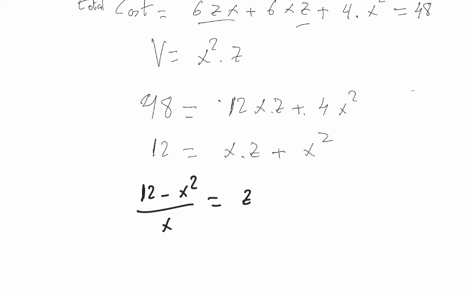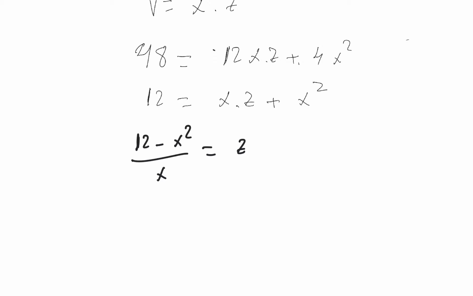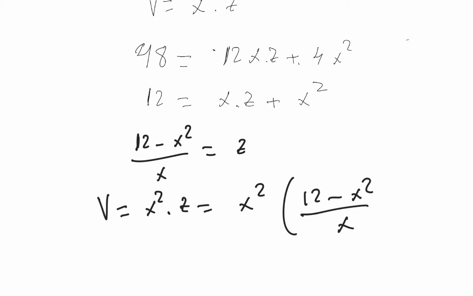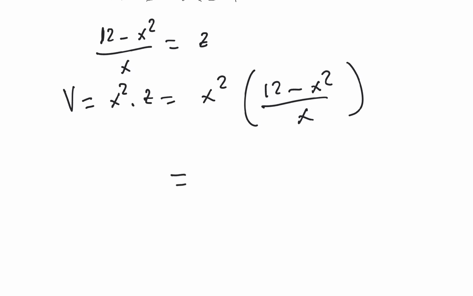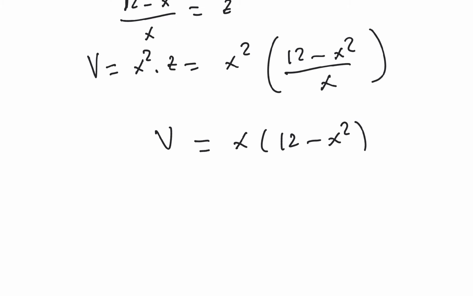So I want to maximize the volume, to spend the money and have a box with the maximum volume. So the volume is x squared multiplied by c, or x squared multiplied by 12 minus x squared divided by x. Or the volume is x multiplied by 12 minus x squared. Maximizing the volume means finding for which x the slope is 0.